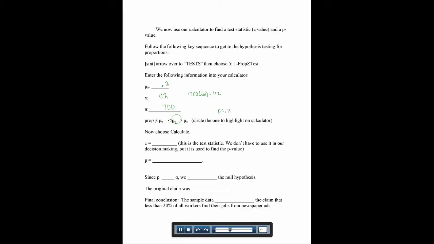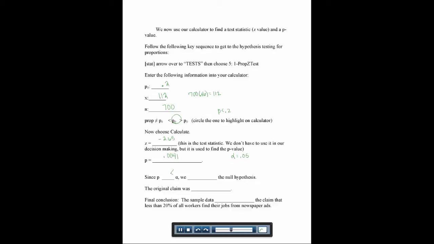Now you're going to choose calculate, and it will come up with your z-value, which is negative 2.65, and a p-value of 0.0041. Remember alpha was 0.05, so our p-value here is less than alpha.